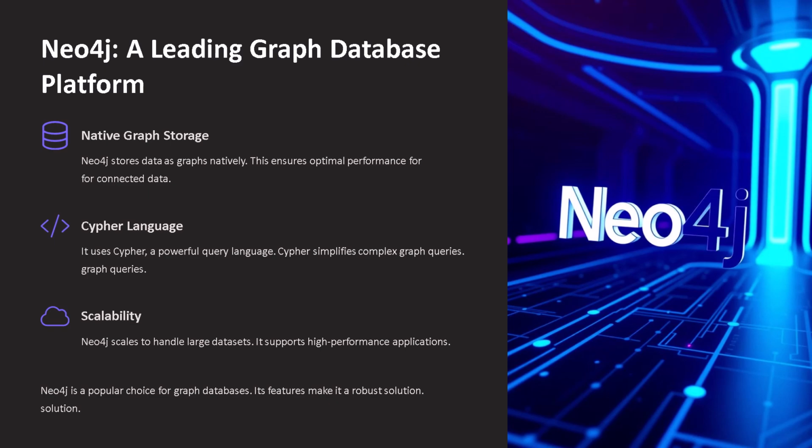Second one is the Cypher language, a powerful query language. Cypher simplifies complex graph queries. Third one is scalability. Neo4j scales to handle large datasets. It supports high performance applications. Neo4j is a popular choice for graph databases. Its features make it a robust solution.